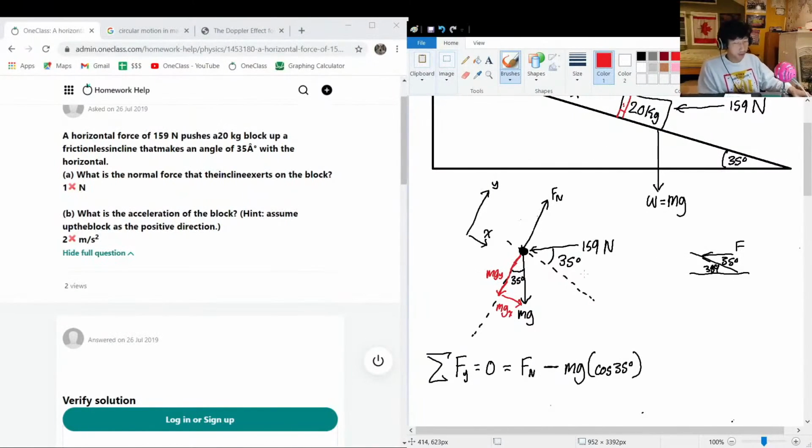Okay, now since our pushing force was perfectly horizontal, this is also going to be pushing it into the ramp a little bit. So there is going to be a y component to the perfectly horizontal force, and the y component is going to be sine 35. You see, this force is something like this.